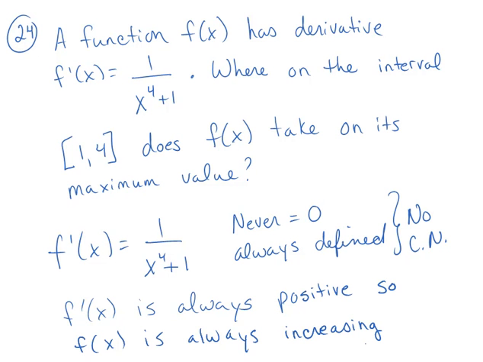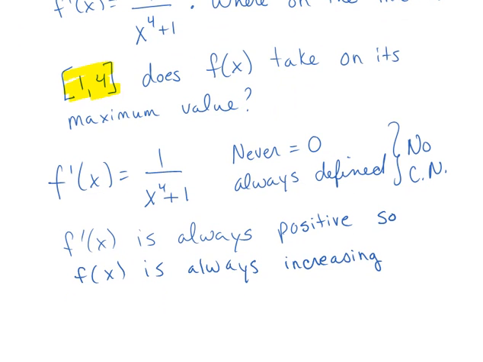So if your function's increasing and you look at it over a closed interval from 1 to 4, which is where they're asking about, clearly it will have its maximum value at the endpoint of that interval.